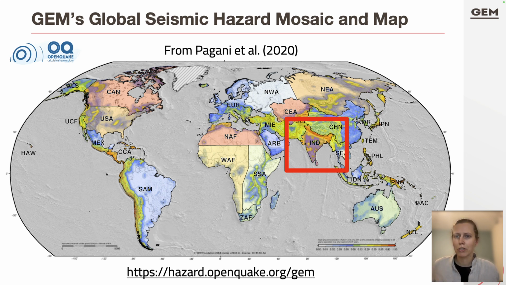They're sometimes managed by the national agencies that oversee the area, or sometimes developed by more independent scientists, such as in the case of India. We keep them together as a collection and use them for various activities at GEM, including to make the global seismic hazard map. The box here in red is the model that I'm describing now.